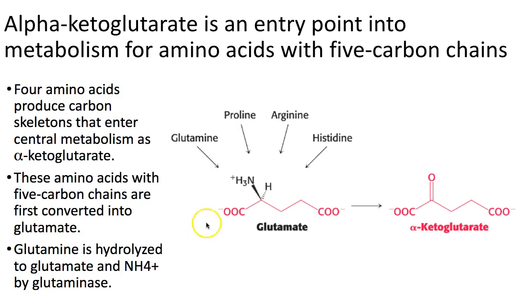As far as glutamate, that carbon structure can be broken down from glutamine, proline, arginine, and histidine. And remember that glutamate can always go to glutamate dehydrogenase to release the ammonium ion to form alpha ketoglutarate.